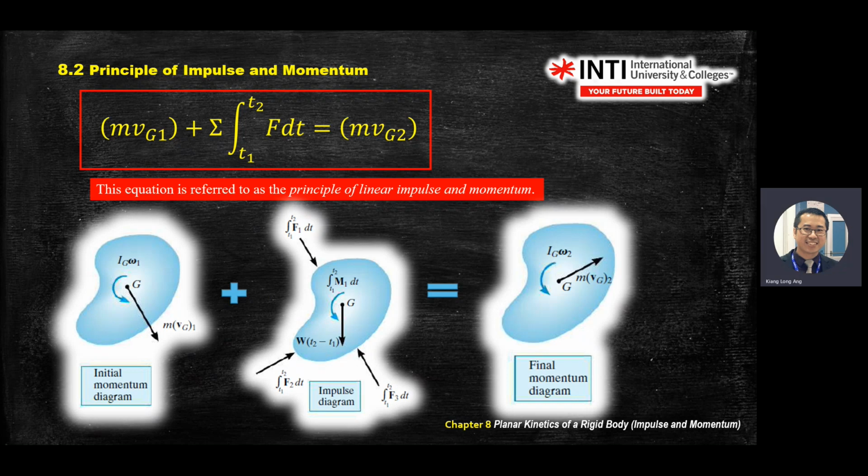Rigid body, it has I omega. Rigid body have I omega with the momentum. Plus the impulse. Impulse diagram, you have G and then omega time.